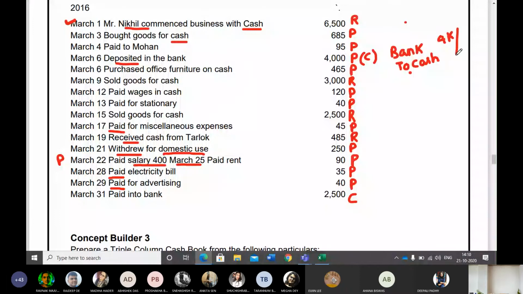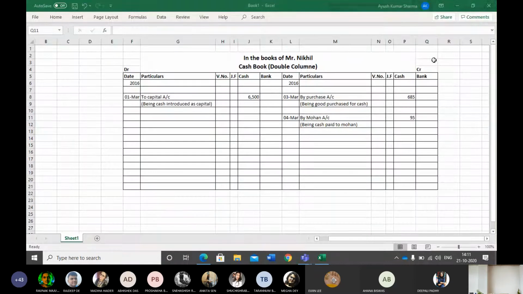Now, as per the general logic of posting entry into ledgers, we know the bank side will be debited and the cash side will be credited. So we'll come to the debit side first. The date is 6th March. We'll write to cash account. Under voucher we'll write C, and in the amount column we'll write 4,000.